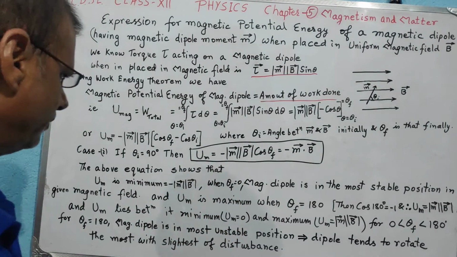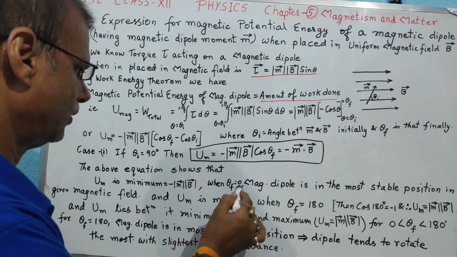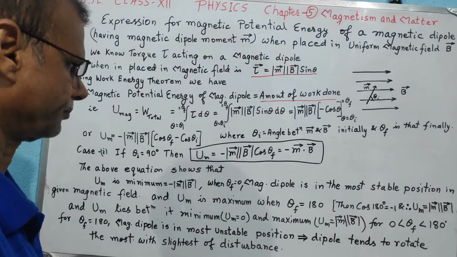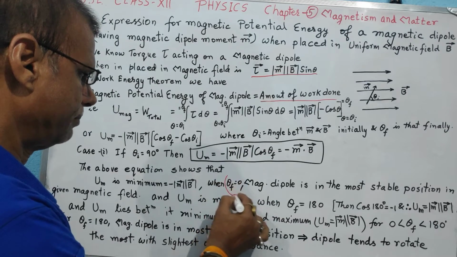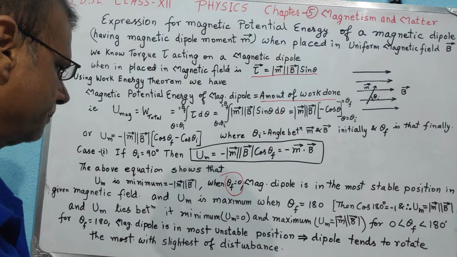From this expression we see that if theta F is equal to 0, then cos 0 is 1.